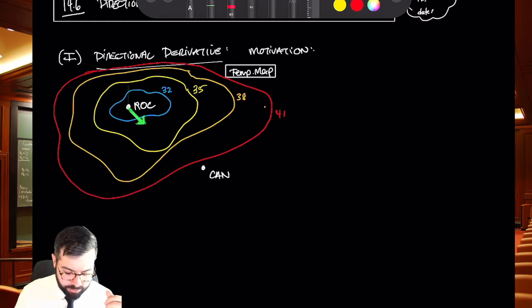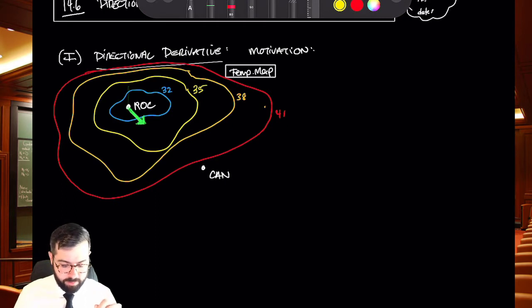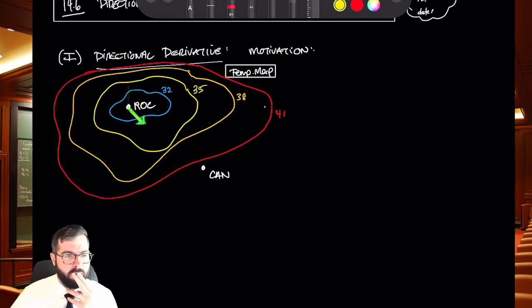And I'll actually, while we're here, let's explore what do you think intuitively we would do to generate that idea, to generate that quantity or that rate, to measure how much the temperature is changing when I move in the direction from Rochester to Canandaigua. I saw in the chat maybe an angle, so sine or cosine, right? We could definitely break it into an angle.